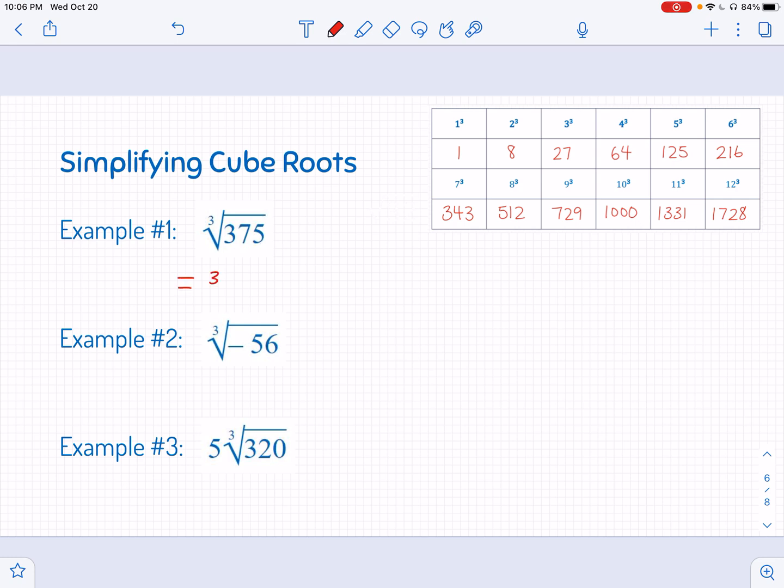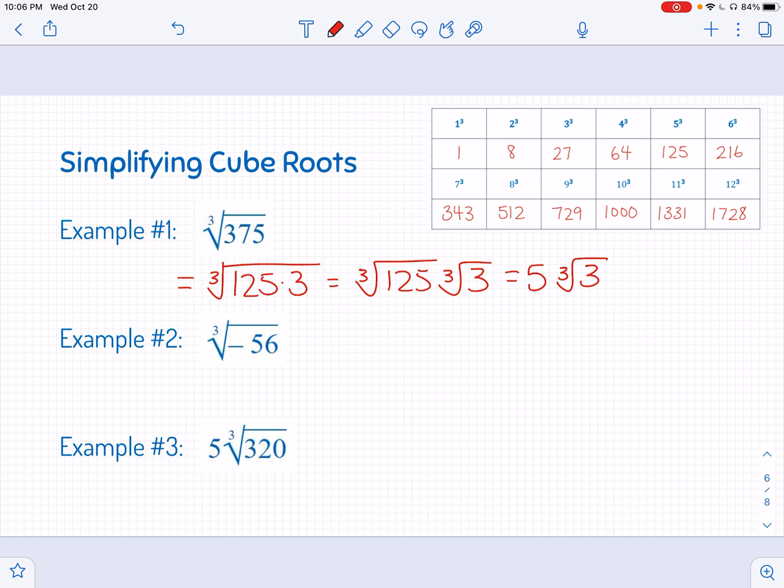So you're going to break it down as the cubed root of 125 times 3. So the cubed root of 125 times the cubed root of 3. I know the cubed root of 125 is 5 because 5 times 5 times 5 is 125. But I don't know the cubed root of 3. It's a decimal. It's not clean. It's not something that's worth memorizing. So this is my final answer.